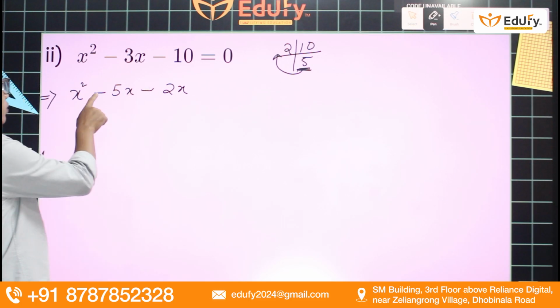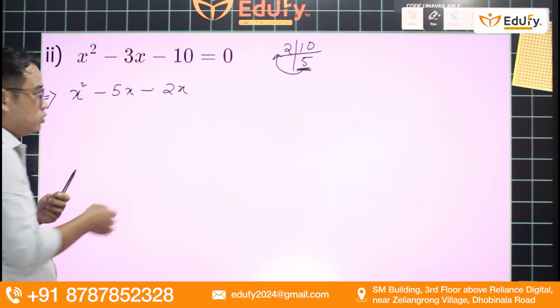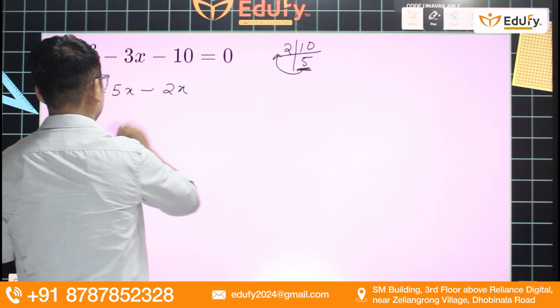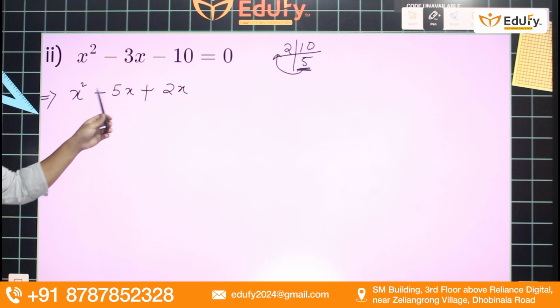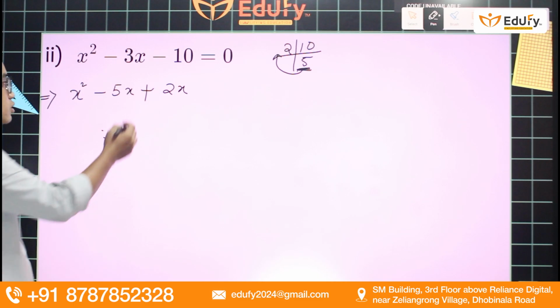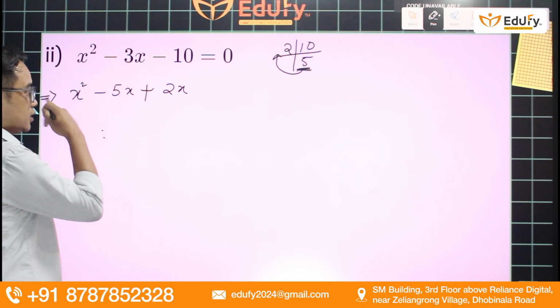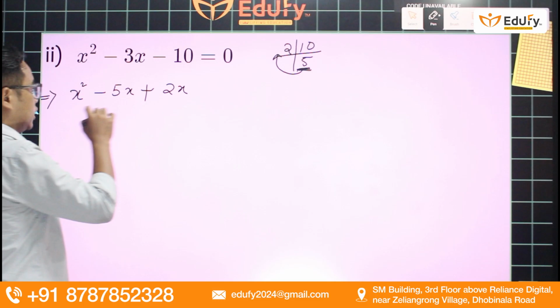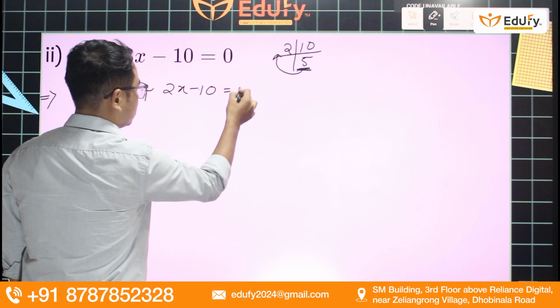If I put a minus here, it will become minus 5 minus 2, which is minus 7, and not minus 3. So I have to make this plus. When I put this as plus, then this becomes minus 5x plus 2x, which is minus 3x. So your sign for the second middle term would depend on whether you're doing addition or subtraction on the first sign. After that, I put here minus 10, which is equal to 0.